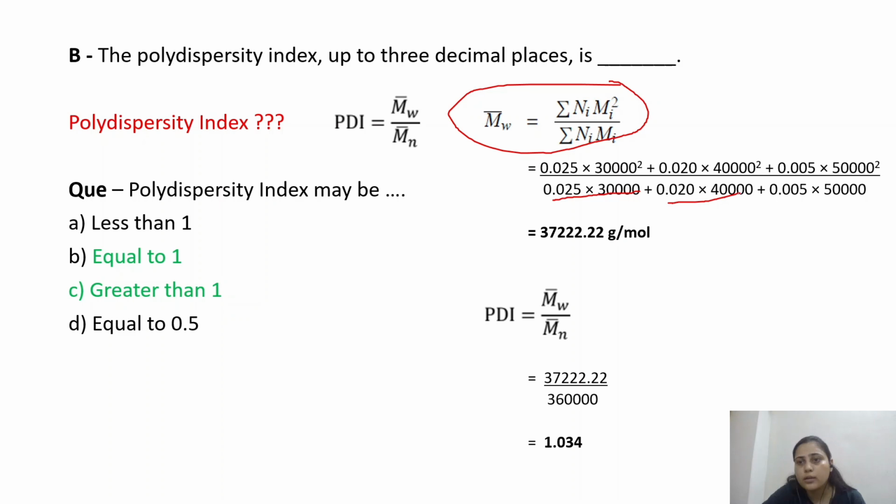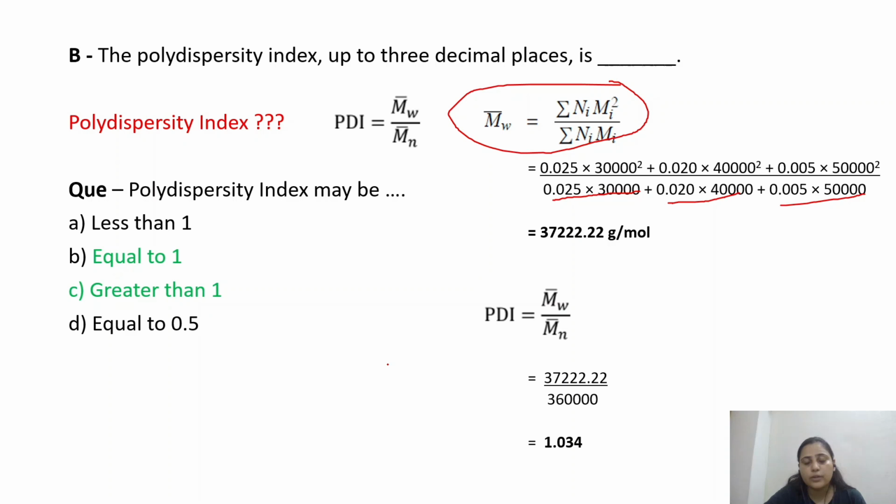So after calculating, we get the value of 37,222.22 gram per mole. Next we need to calculate PDI, which is the polydispersity index, and we know this formula already.